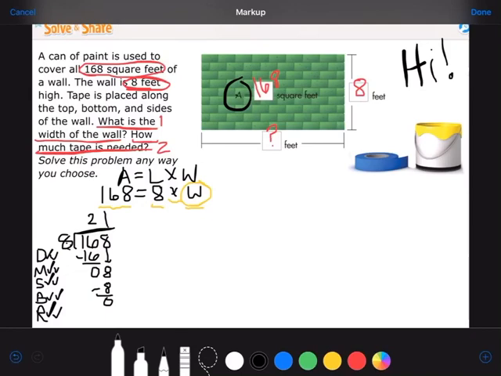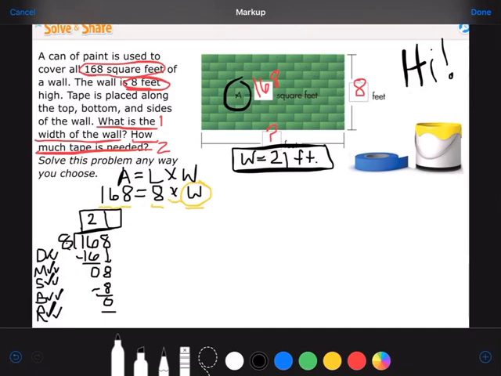Whatever is left over is our remainder. So there's no remainder, just 0. So it looks like our answer is 21. So we've now solved that our width is 21. What about units? Well, we're measuring this wall in feet, 21 feet wide. That's the answer to my first problem there.